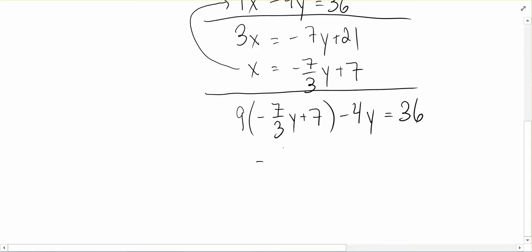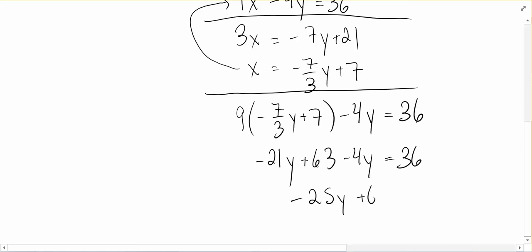Well, let's see, this one's actually not going to be that bad because 9 divided by 3 is 3. And then 3 times 7 is 21. So we actually don't have fractions anymore. So that's not too bad. 9 times 7 is 63. Okay. We're going to combine like terms to get negative 25y plus 63 equals 36.